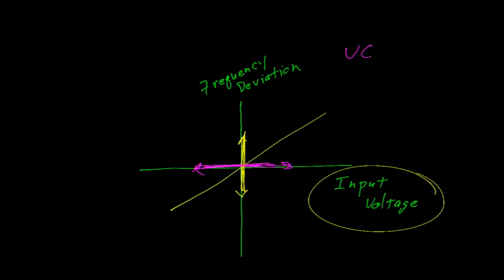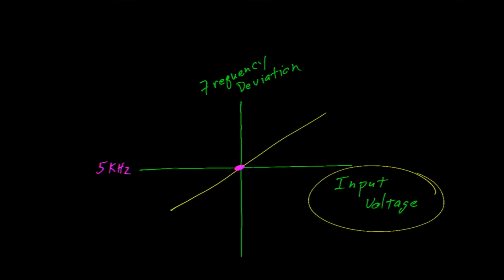Again, VCO. If we were to put numbers on this, we would call our carrier 5 kilohertz. That is the frequency that we idle at if there is no modulation. Right? There's a single carrier at 5 kilohertz.